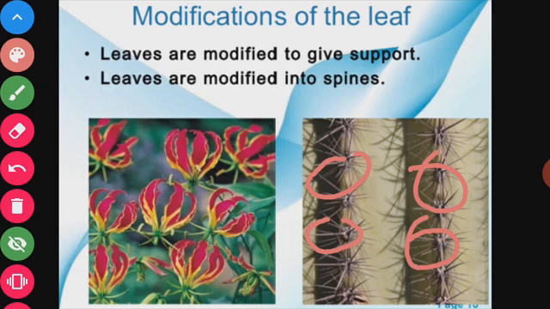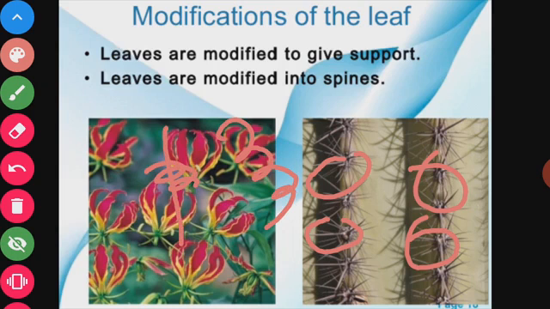In pea plants, the leaves are modified into tendrils to support the weak stem by coiling around the support. These tendrils coil around the support, and the weak plants grow on that support.